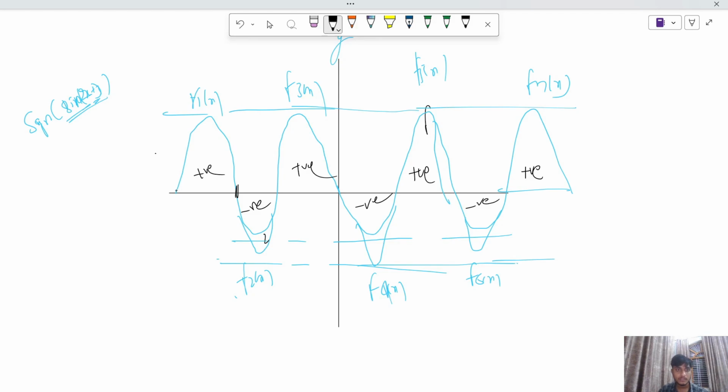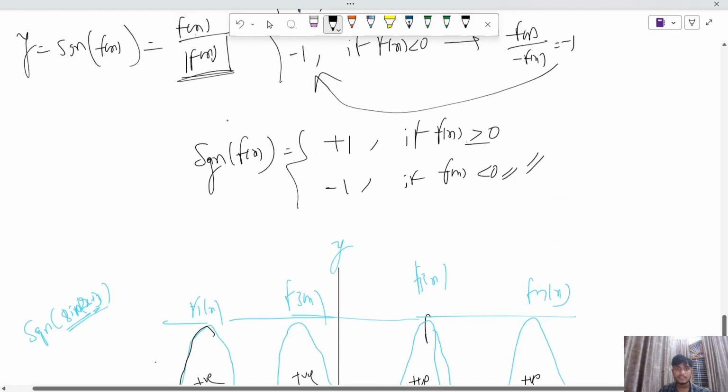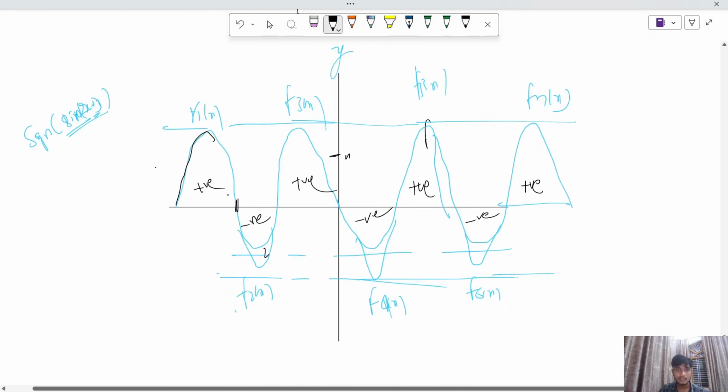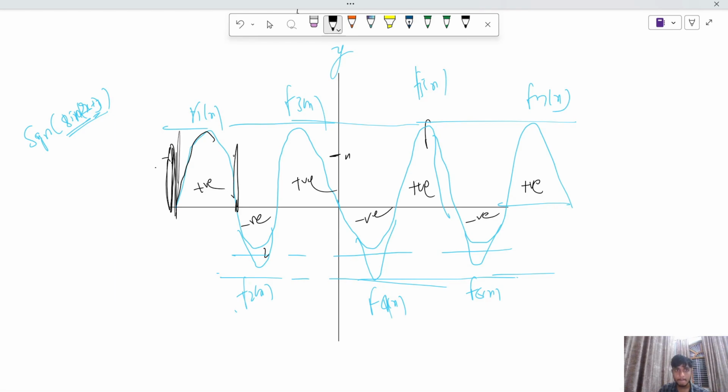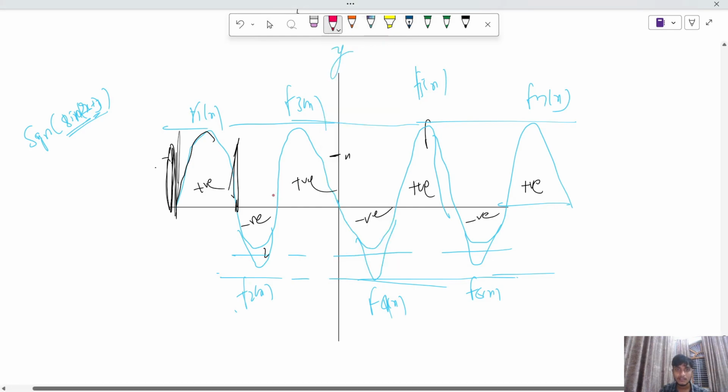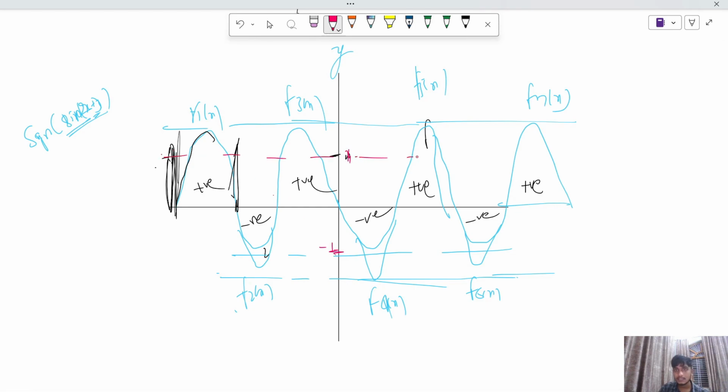Simple: if it is positive, meaning f of x is greater than 0, it should be 1. Let's say plus 1 is here and minus 1 is here. In this range the graph is just a straight line. Whatever the function is, this value is simply 1.